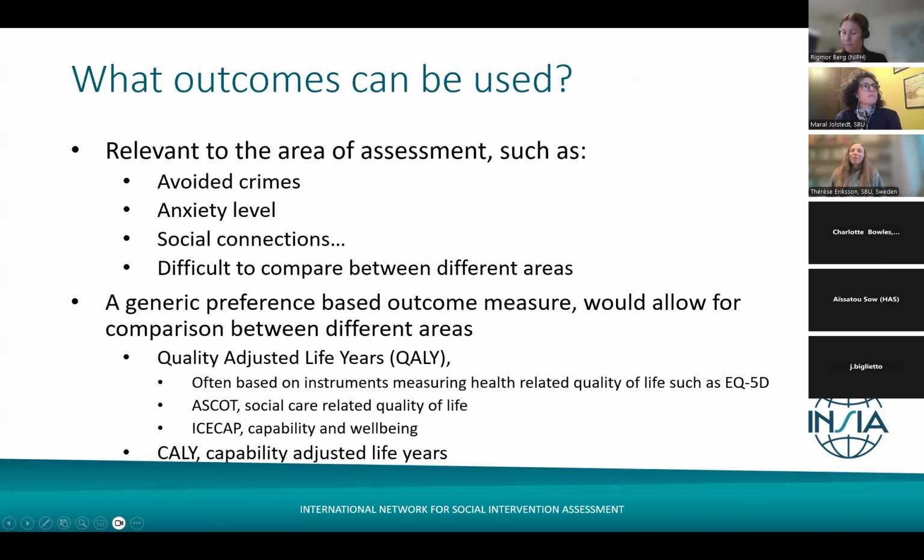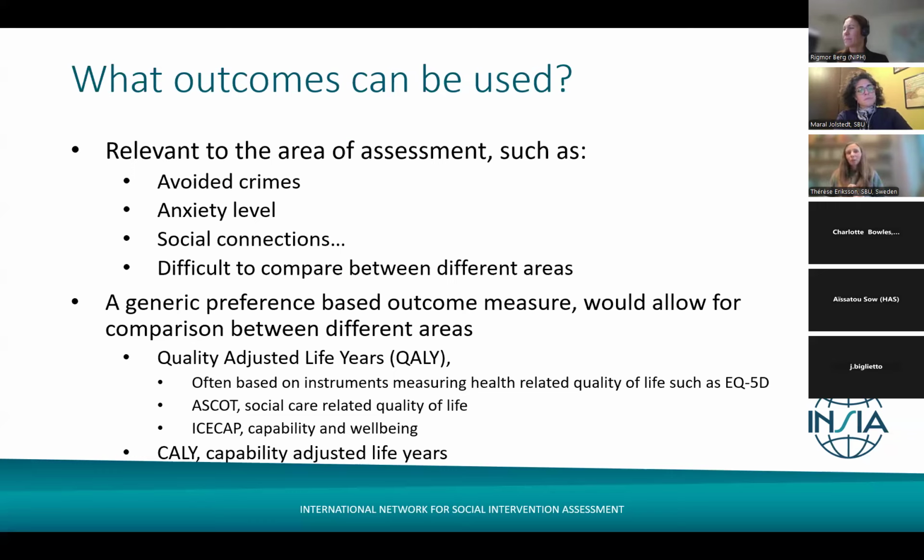So in this case, what outcome measures should be used? A very nice thing about cost effectiveness analysis is that you can choose an outcome measurement that is very relevant to the area that is assessed.